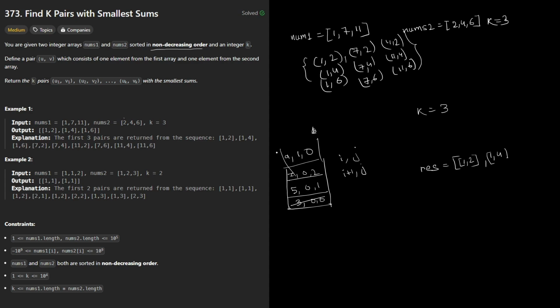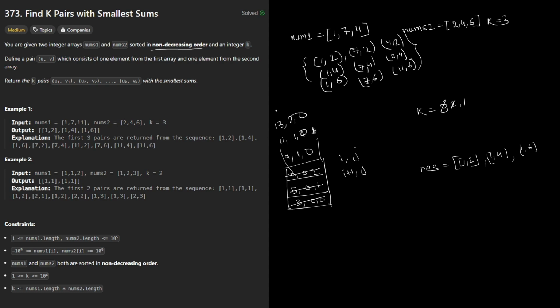So again i plus 1, so 7 plus 4, which is going to be 11, and it would be 1 1. We pop this out. Then we are going to take this 1, and its value would be 1 and 6, and at the same time we would keep on decrementing the counter. And here it would be 11 and 2, which would be 13, so it would be 2 and 0.